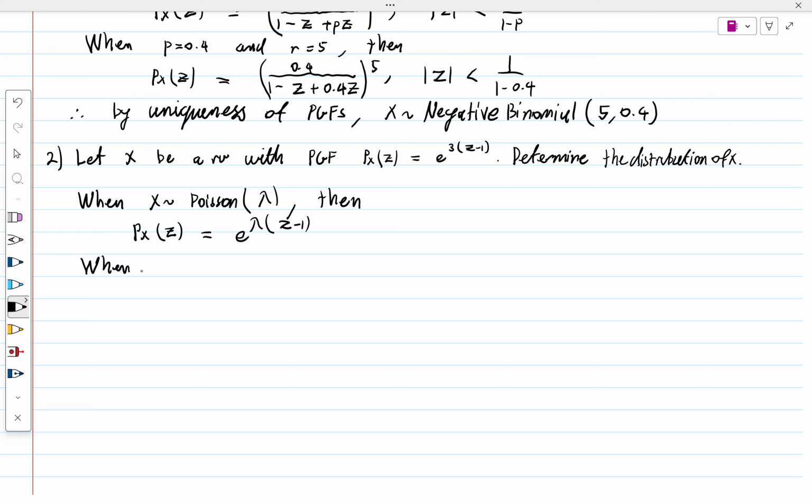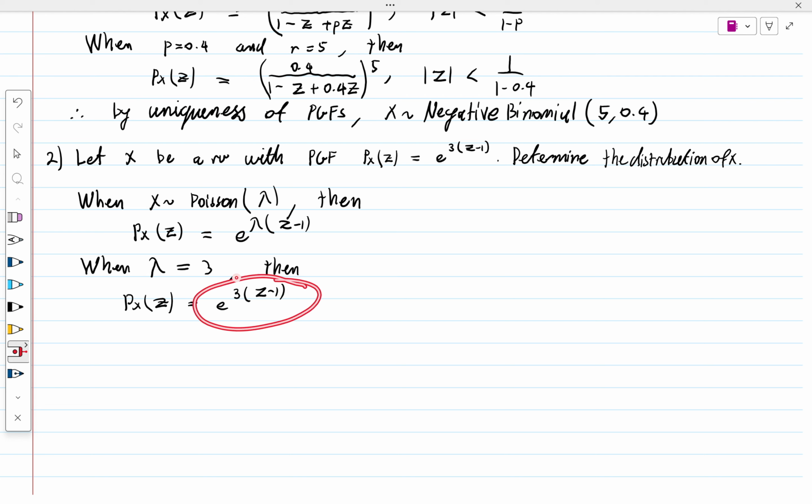And we note when lambda is equal to 3, then this probability generating function is equal to e to the 3(z minus 1).